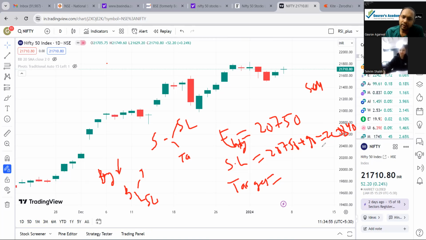And what should be our target now? If I want to take 1:1 risk reward, what should be our target? It should be plus 90. No, plus 90 is our stop loss, right?